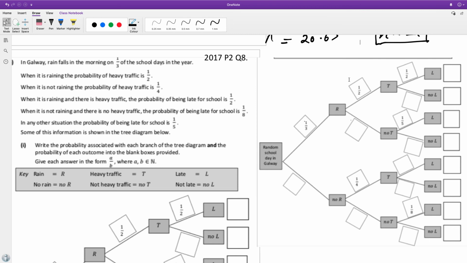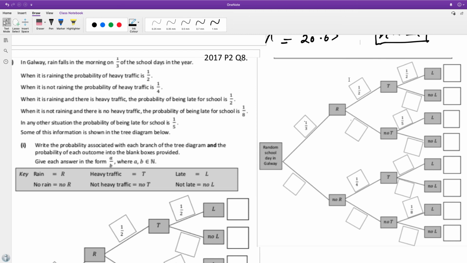Out of no traffic then, this is 1/5, and down here then is going to be 4/5. So a half, 1/5, and 4/5.